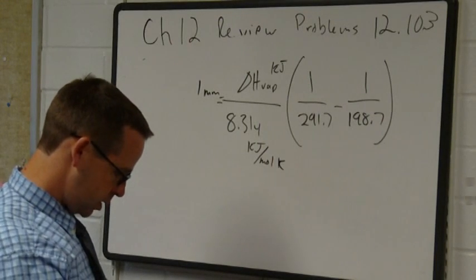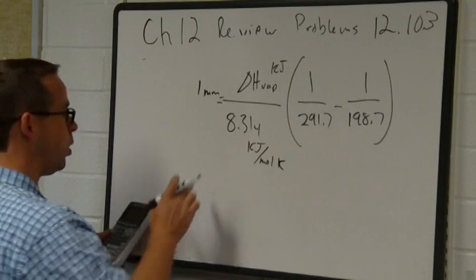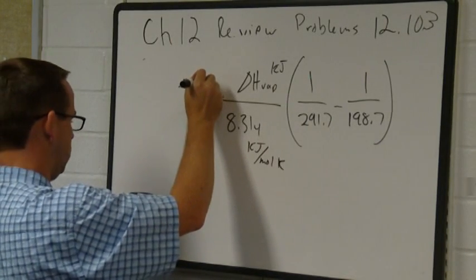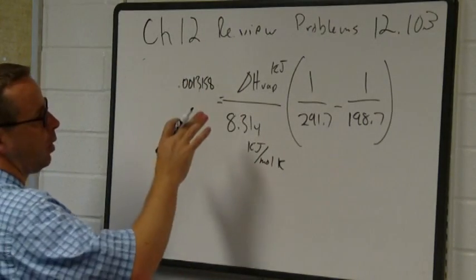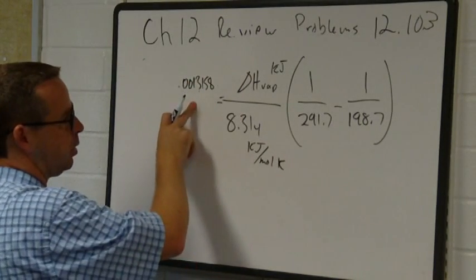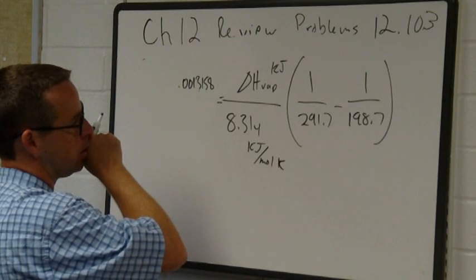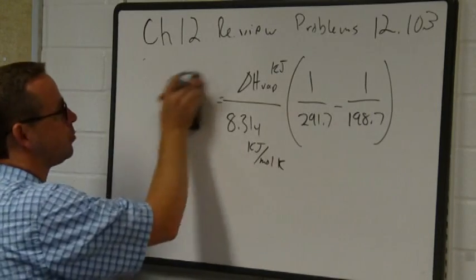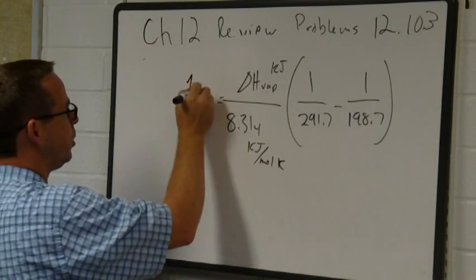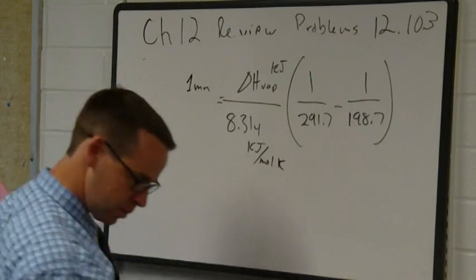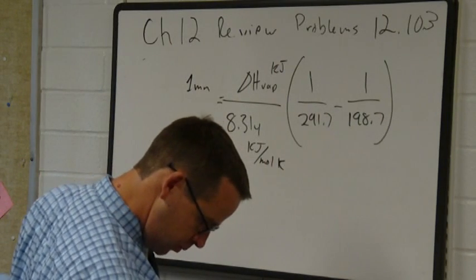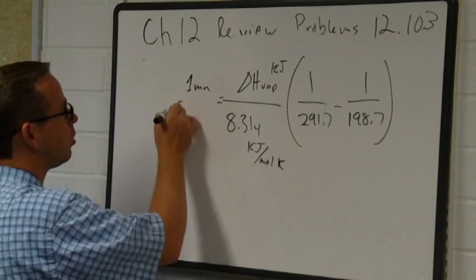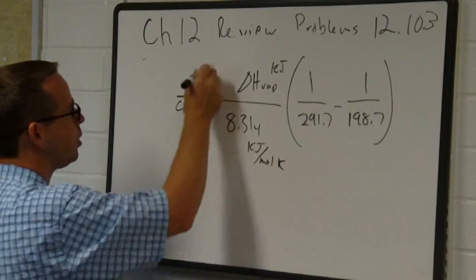So 1 divided by 760, 0.0013158. Now, I guess we don't need to do that conversion because we don't have any units. It can be 1 millimeter here. What's the other vapor pressure? 425. Yes, we don't need to convert that.